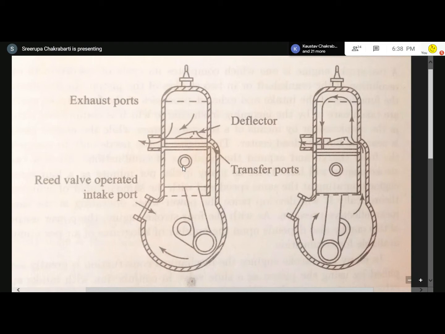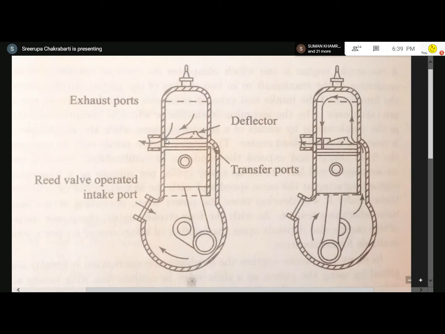Okay. So what happens during this journey? During this journey, the first part, the compressed charge is ignited. It expands. So suppose when the piston was here, it is coming down. The gas expands, produces power. Then the piston comes up to here. Still it is producing power.